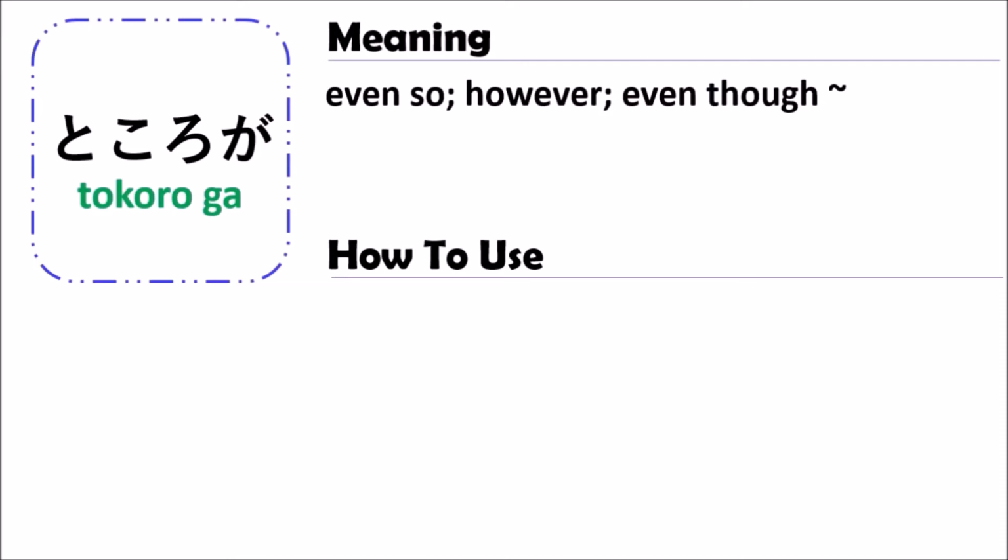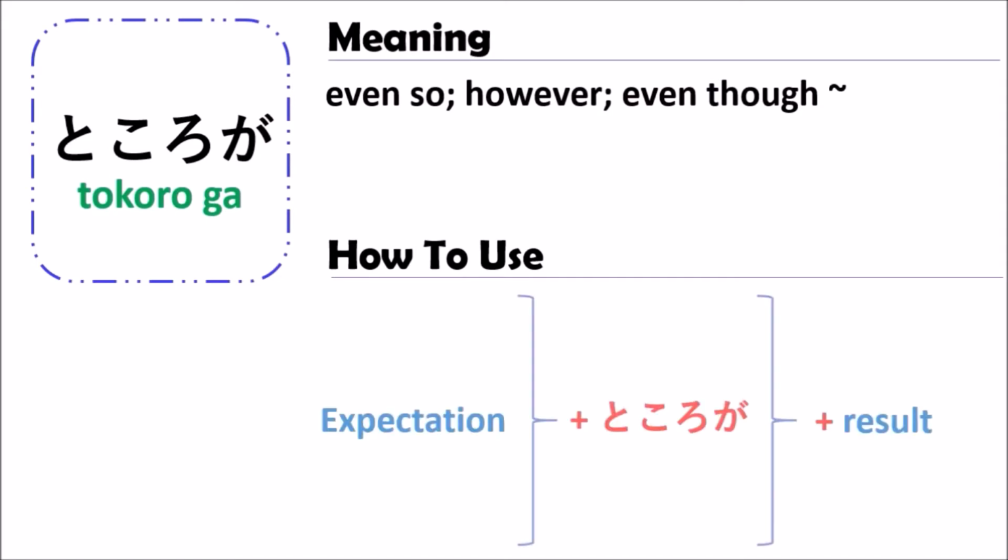So you understand, right? So how to use it? In Japanese, when you use the grammar of Tokoroga, you should start with a sentence that has the meaning of an expectation, and after that you follow with Tokoroga, and after Tokoroga you follow with the result.